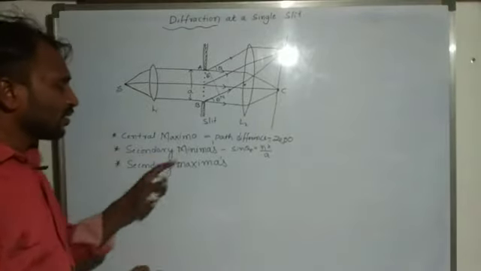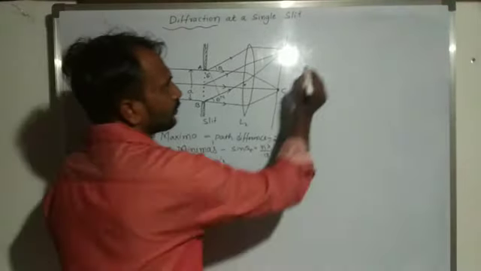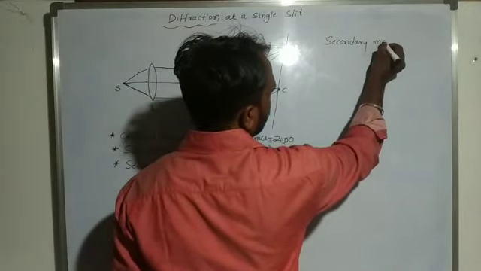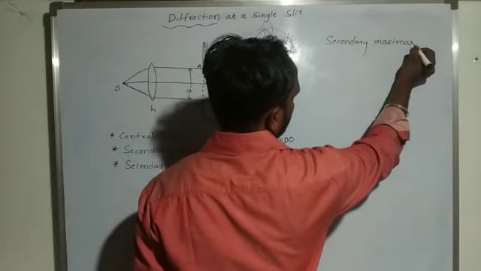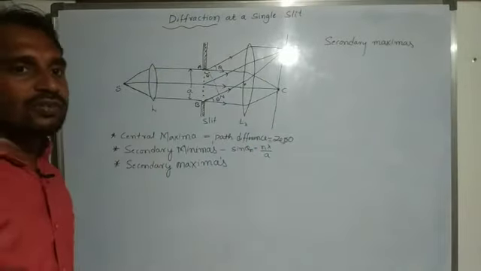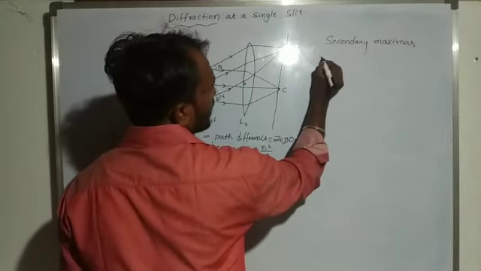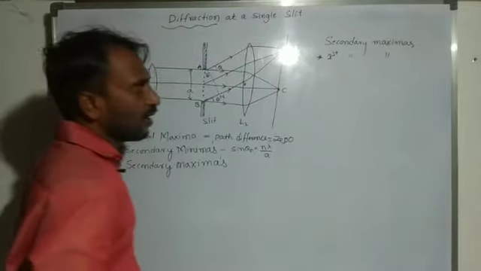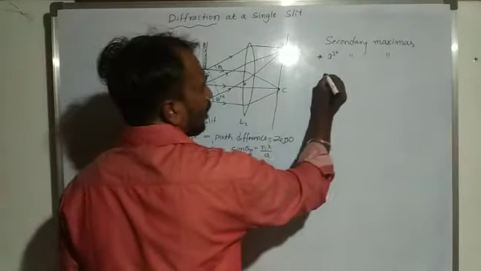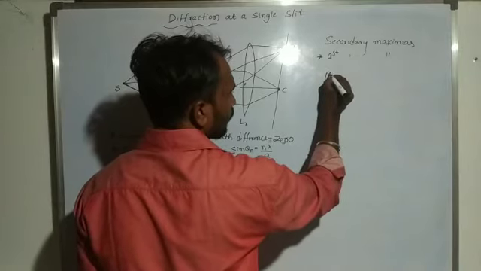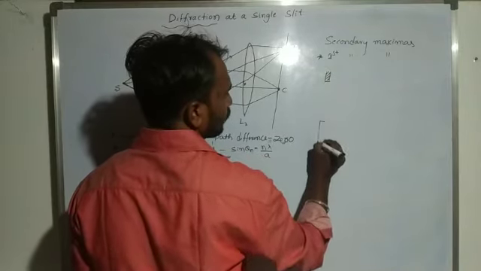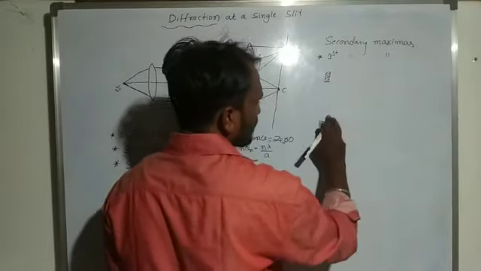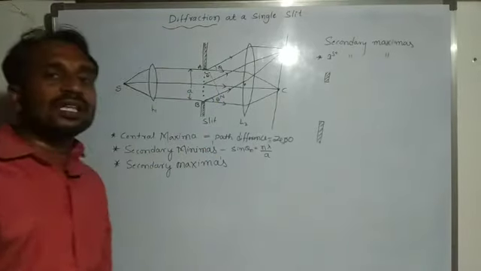secondary maximas. In secondary maximas, first we want to find out the first secondary maximas. In first secondary maxima, here we consider that a slit is made into 3 equal parts.